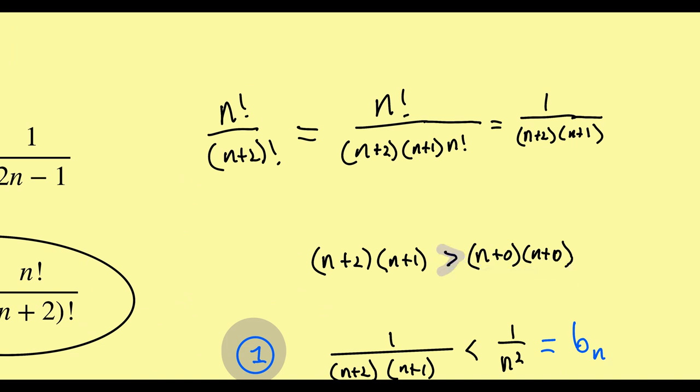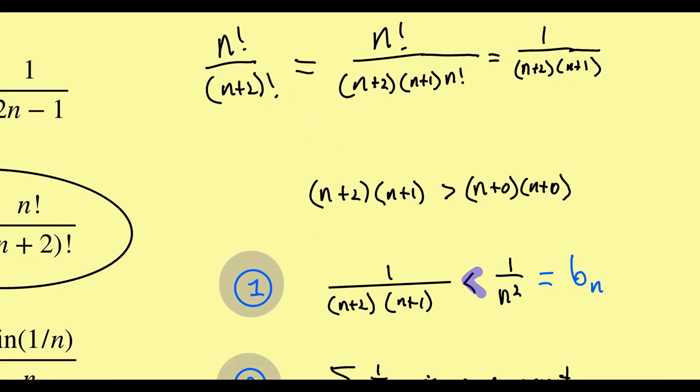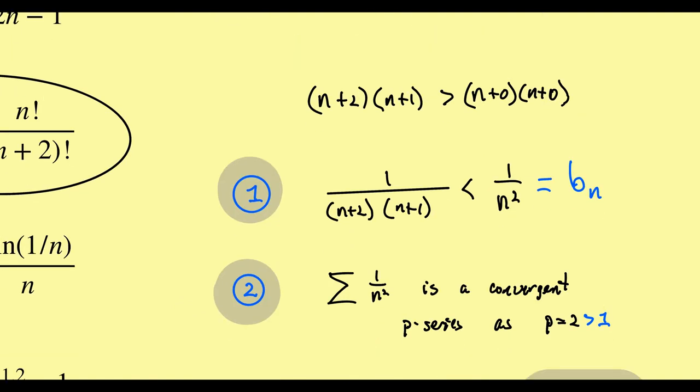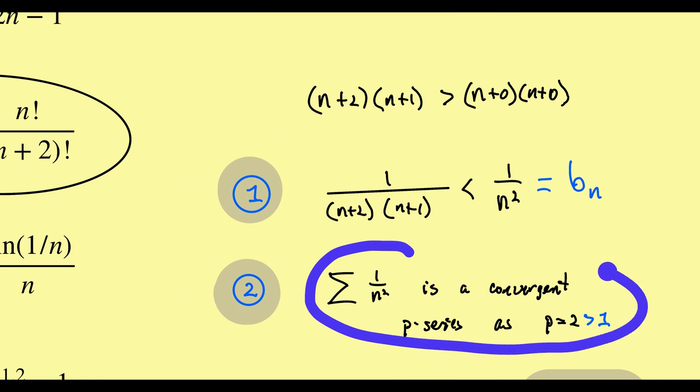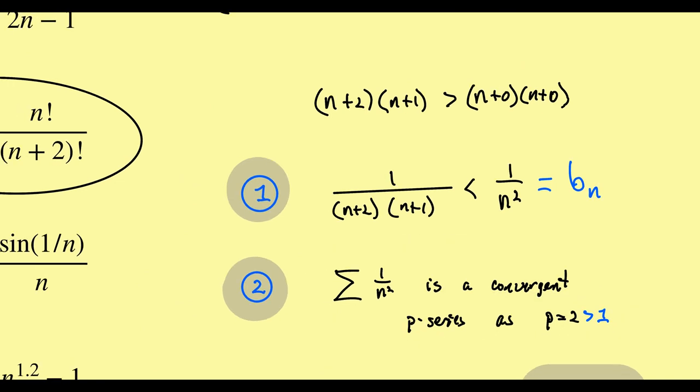Taking the reciprocal of both sides leads to the good inequality. With the good inequality, the series determined by these ANs are smaller than the sequence given by the BNs, and we know that the BN determines a p-series which converges.